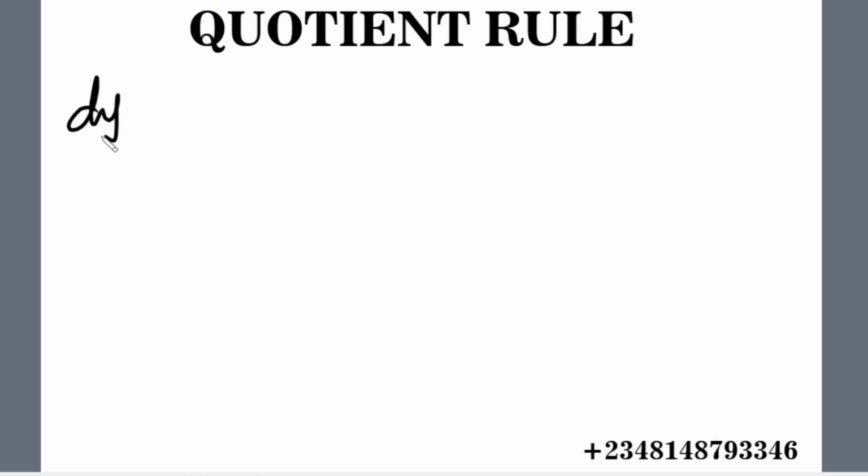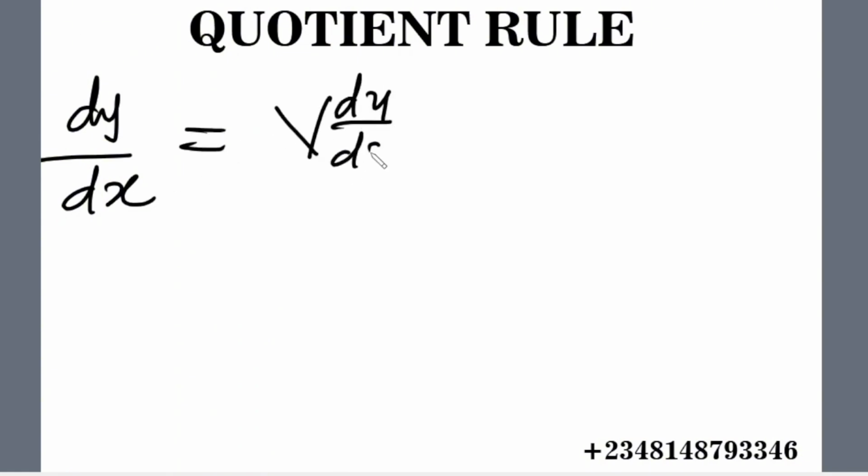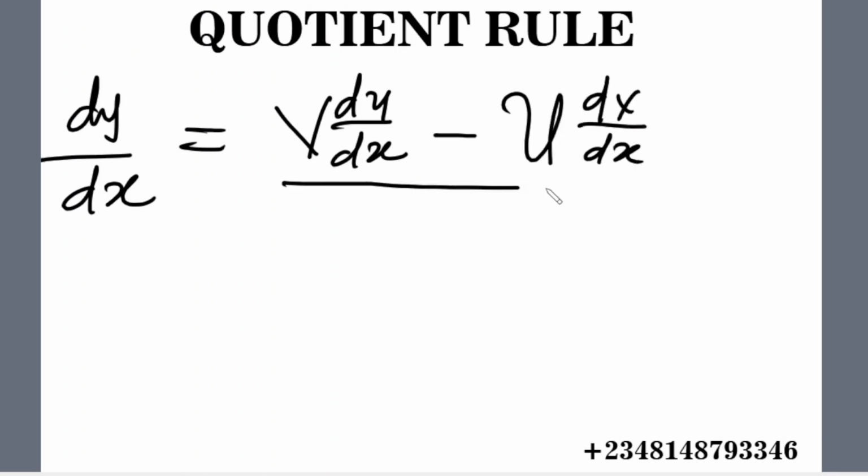We have dy all over dx equals v du/dx minus u dv/dx all over v squared.